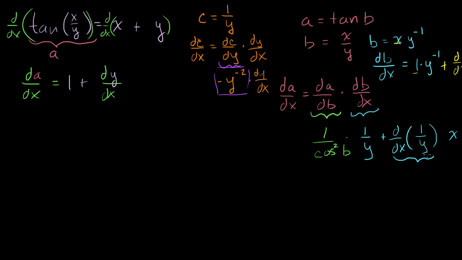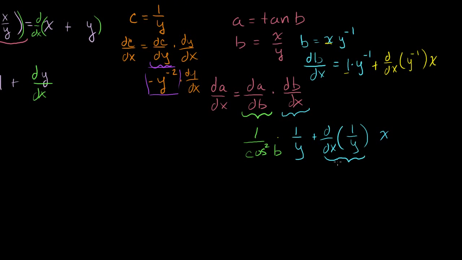So this thing right here, the derivative of this thing with respect to x, is the same thing as the derivative of c with respect to x. I can rewrite this little piece as minus y to the minus 2 dy dx. And then, of course, that there is times x.